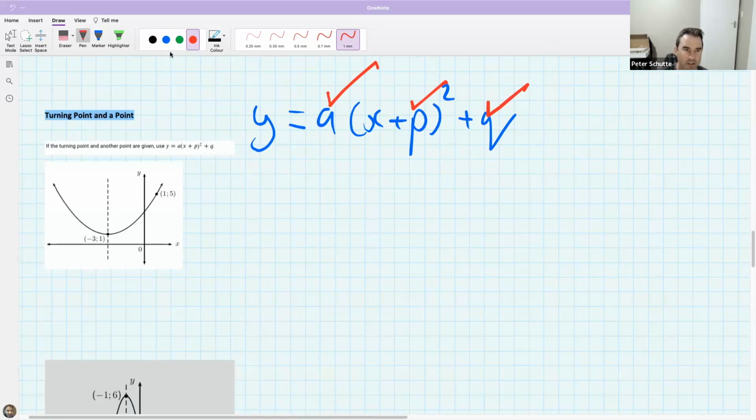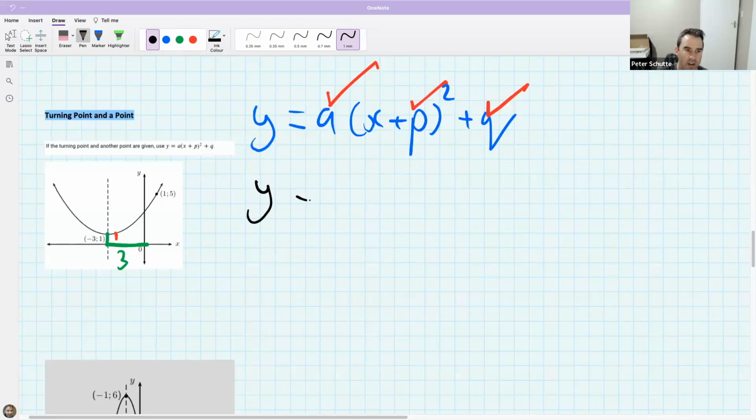But the glorious thing about the turning point is you know that things have happened in this graph. It's been shifted to the left by 3 units, and it's been shifted up by 1 unit. That allows you to work out what P and Q are.